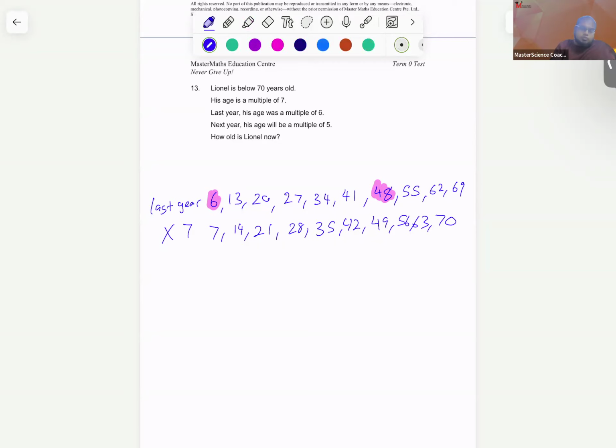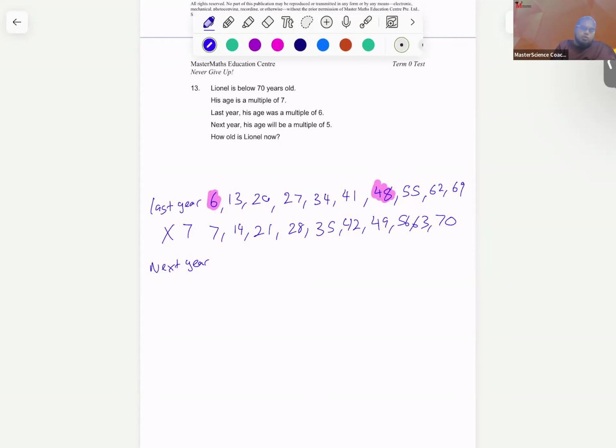Okay, so next year, plus 1 or minus 1? Next year, what should I do? Plus 1. But I don't have to take some time to go plus 1 to all the numbers because I already found out two options, either this or this, right?